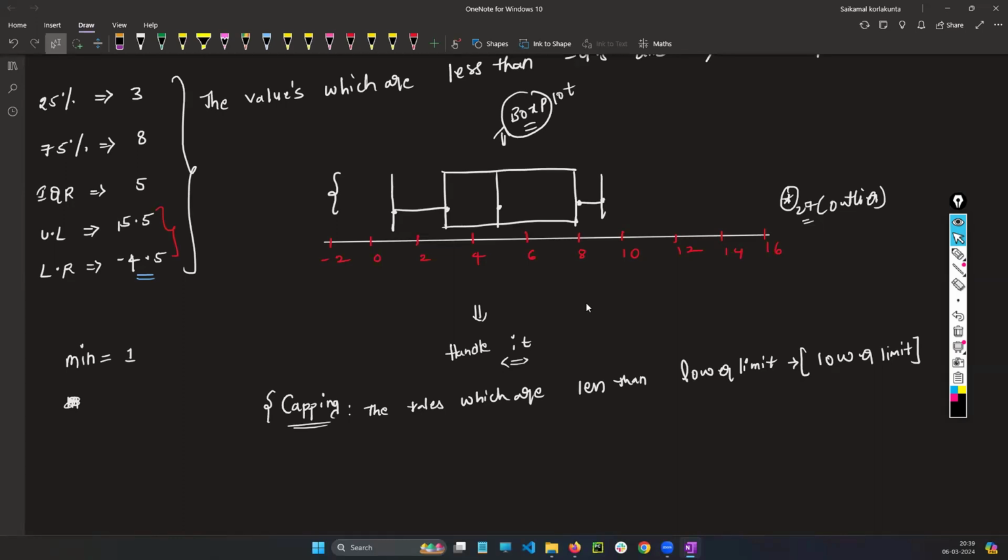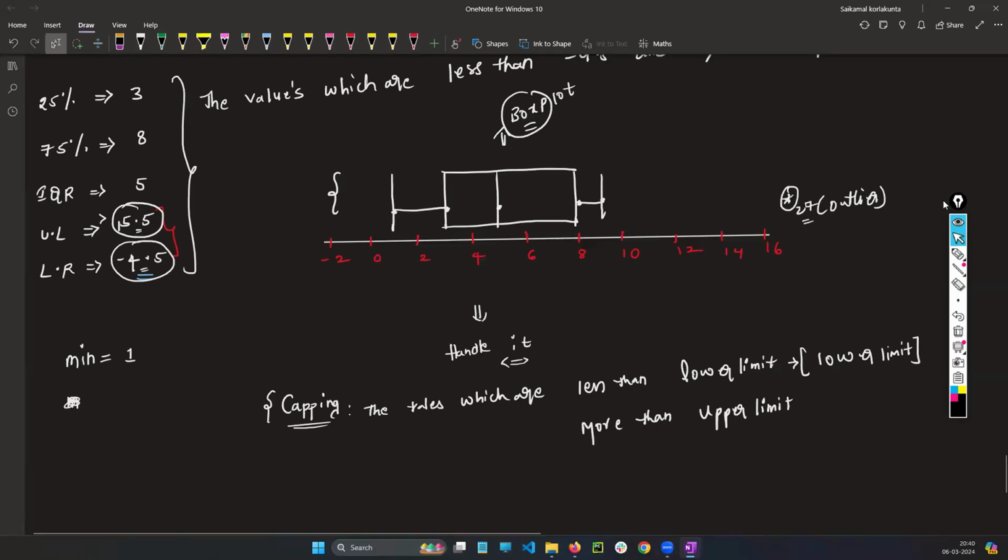So the values which are more than the upper limit: for example, what is the maximum value here? 15.5 is the maximum value, I mean the upper limit. Minus 4.5 is the lower limit. The values which are greater than 15.5 are outliers.